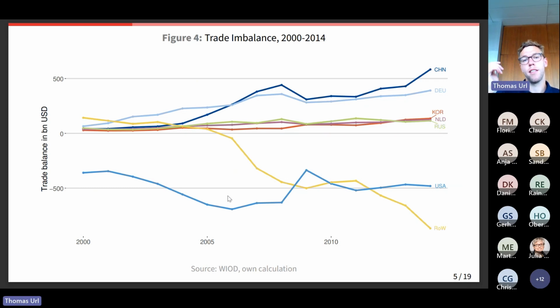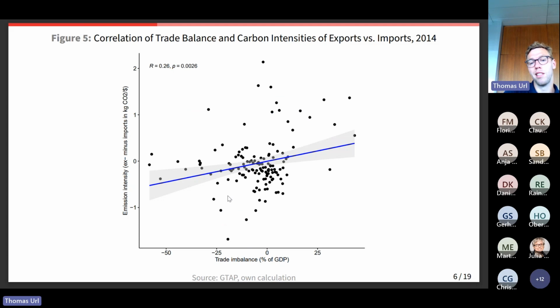So trade imbalance in value terms, but also in embodied emissions. And the question is, do trade imbalances allow for specialization and consumption patterns that magnify the global carbon footprint? To get a first glimpse into whether this might be the case, we did a very simple graph, where you see a lot of noise.